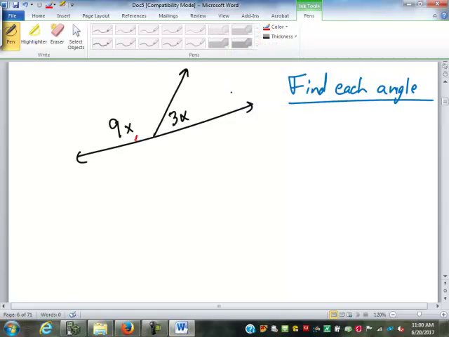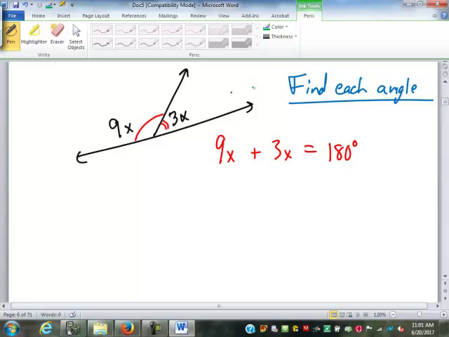I know this angle is 9x and this angle is 3x. What is the relationship between those two angles? They both relate off that one line. Should equal 180. There we go. They are supplements. They form a straight line. So those two angles have to add up to 180 degrees.